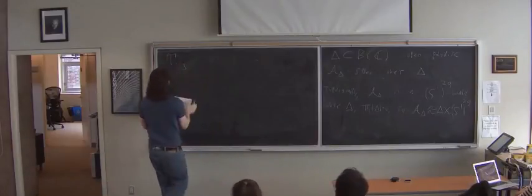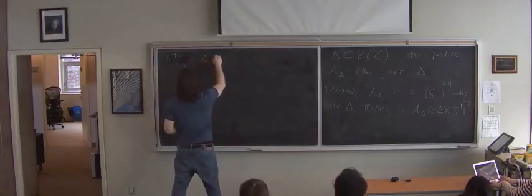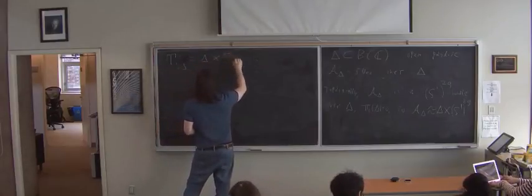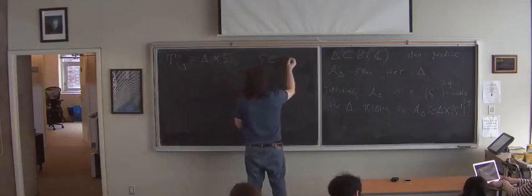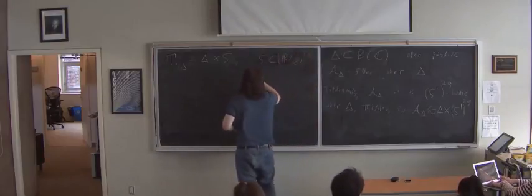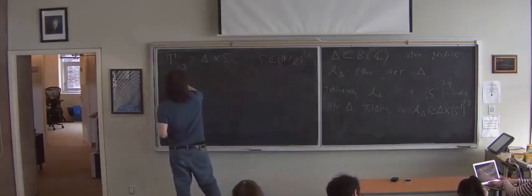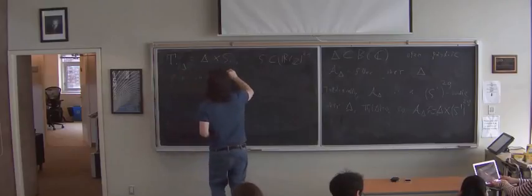If you restrict them to our polydisk, what are they? Well, they're exactly delta cross some finite set S_i, where S_i inside (R/Z)^2g is a finite union of torsion points.